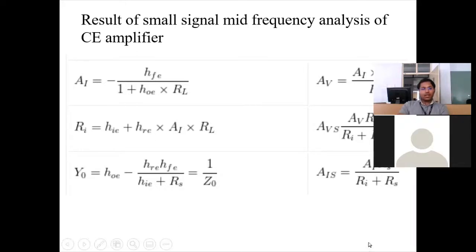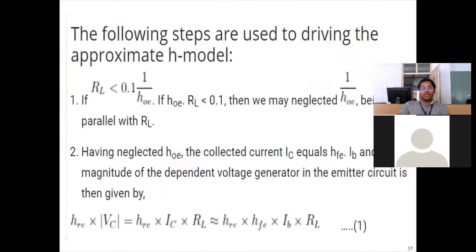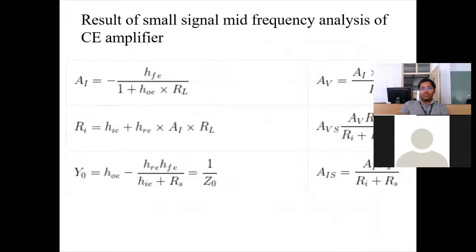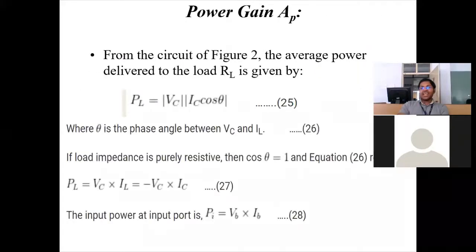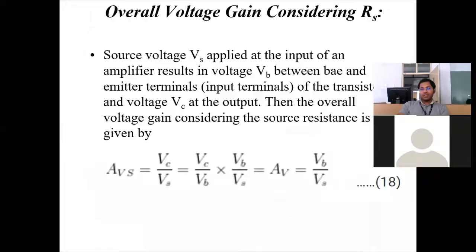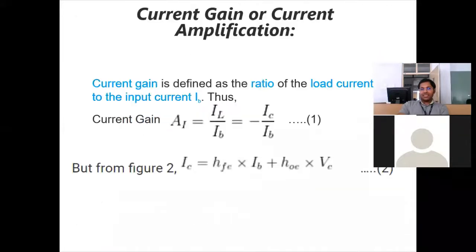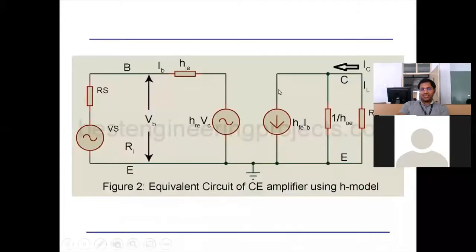So these are all the expressions put together which we derived in the previous class. Now, so far whatever we have discussed is the exact model. The equivalent circuit that we have considered is the exact model.